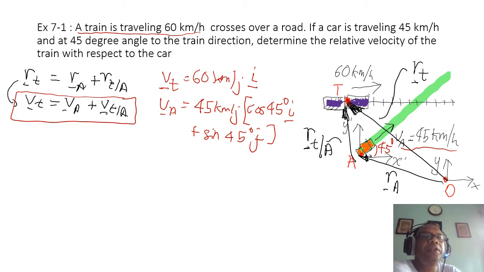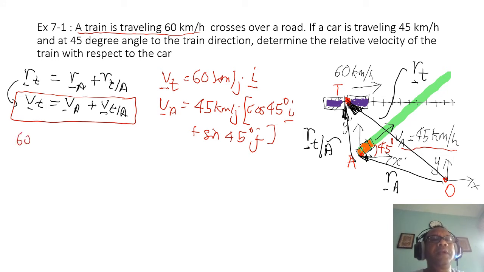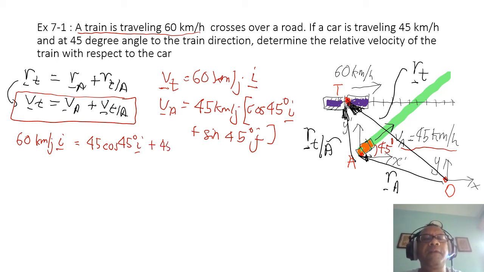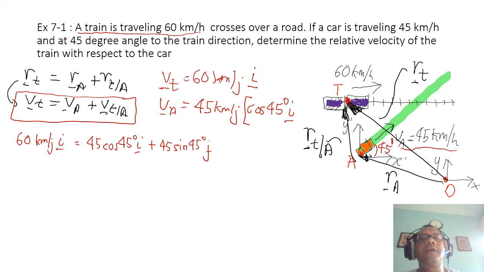So Vt is 60 kilometer per hour I, equals VA, 45 cos 45 degrees I, plus 45 sine 45 degrees J. And then we have Vt relative to A.